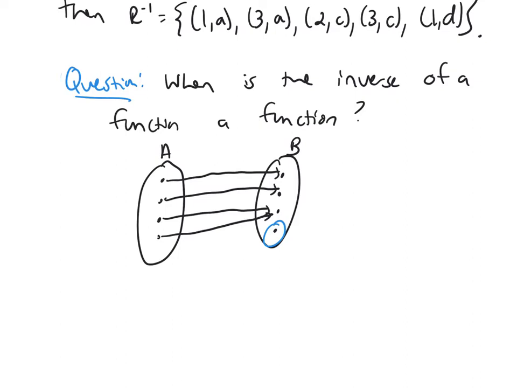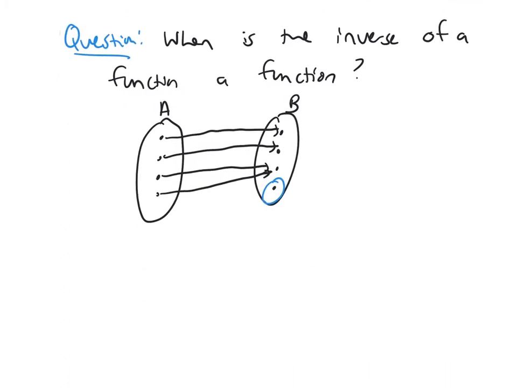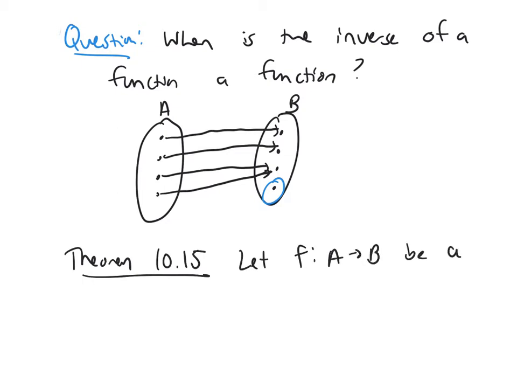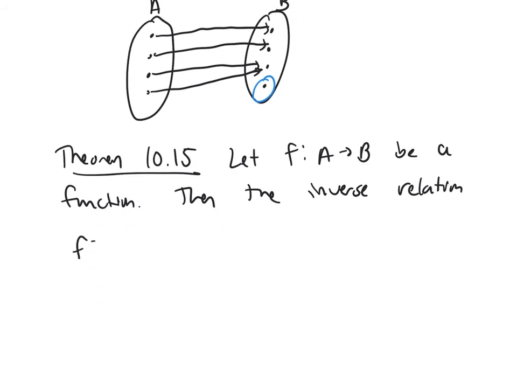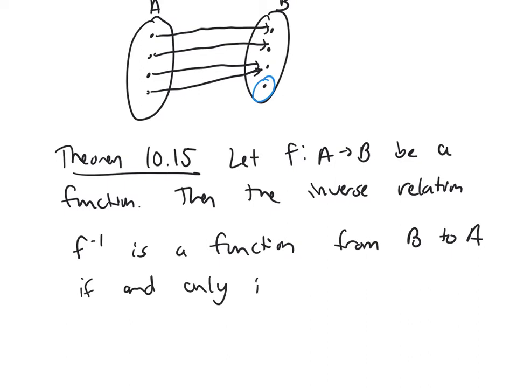So those two conditions need to happen. So that's this following theorem, theorem 10.15, which says if I have an f from A to B that's a function, then the inverse relation f inverse is a function from B to A if and only if f is bijective.